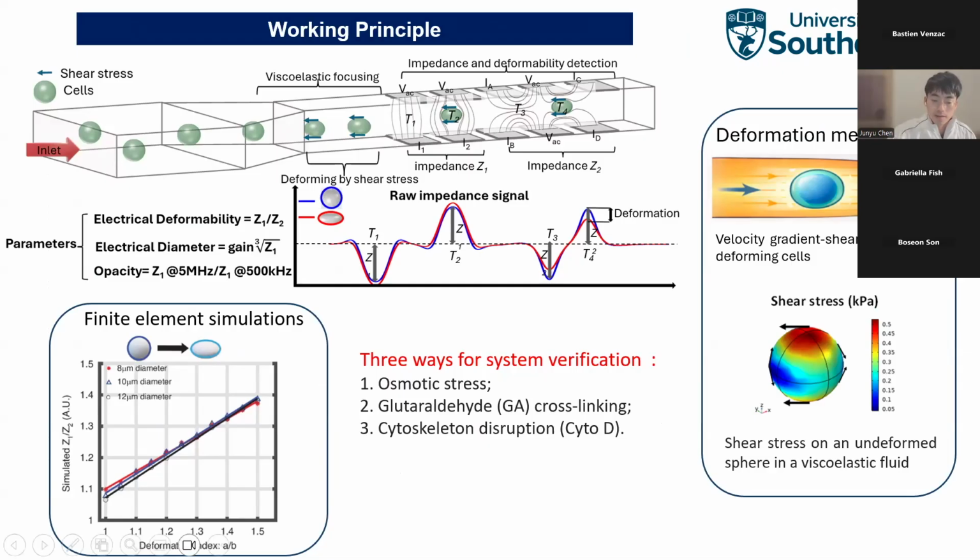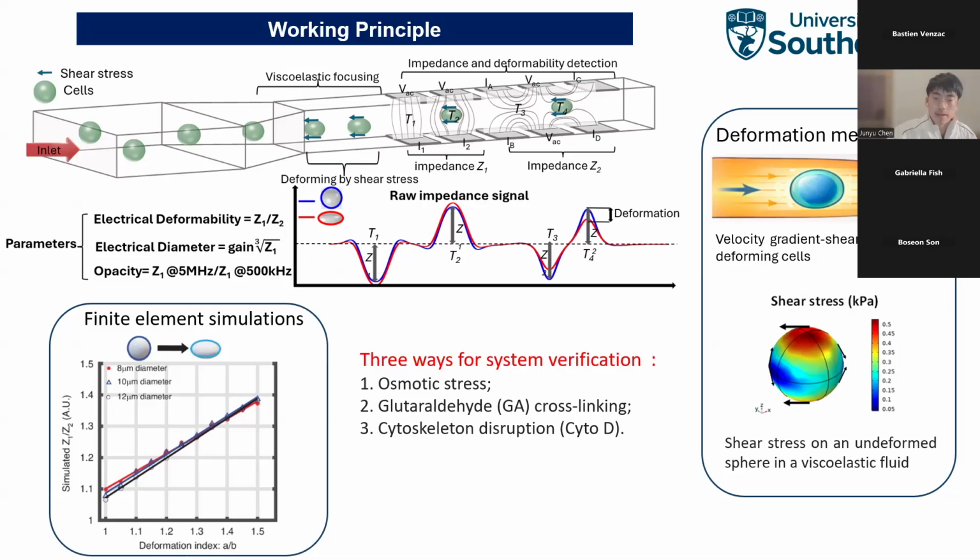The viscoelastic fluid also partly focuses the cells into the central region to reduce the positional dependence of the cytometry. At the same time, two sets of impedance, Z1 and Z2, are measured and recorded by the microelectrode arrays at different frequencies.